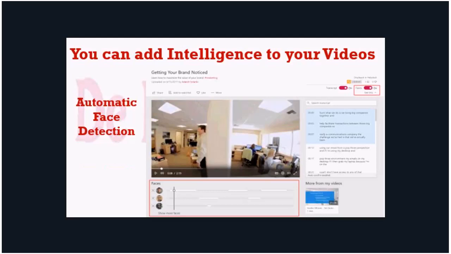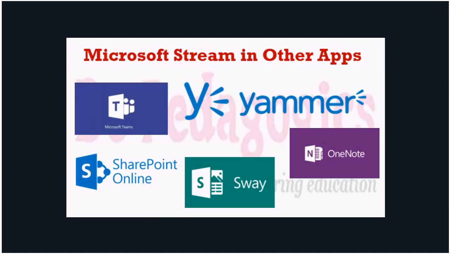So any viewer who is watching and who only wants to see that part of the video where this particular person is speaking can just click on that face from the timeline, and only that part of the video will be shown to him, whose face that particular viewer has chosen. So automatic face detection facility is also available inside Microsoft Stream, right?